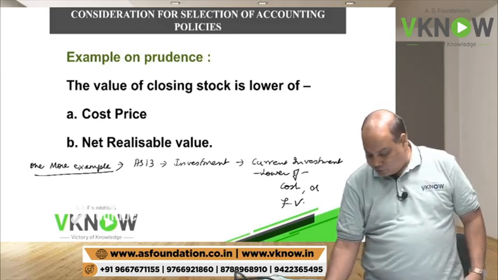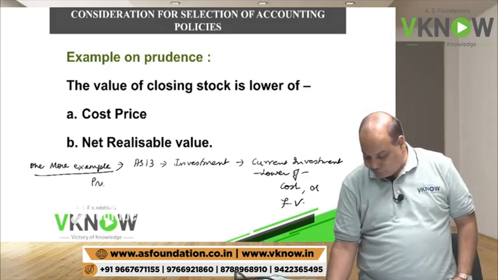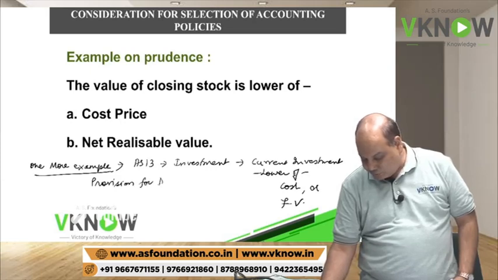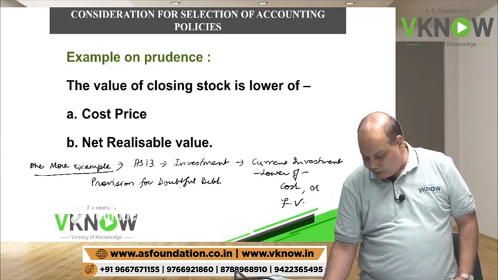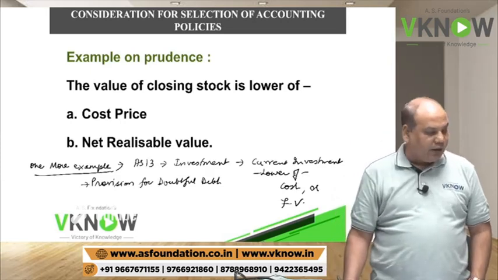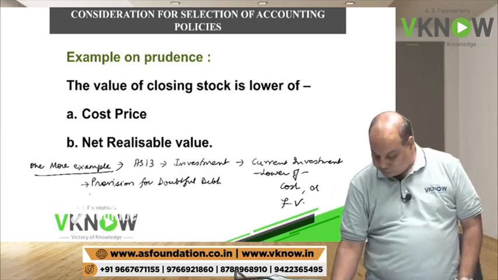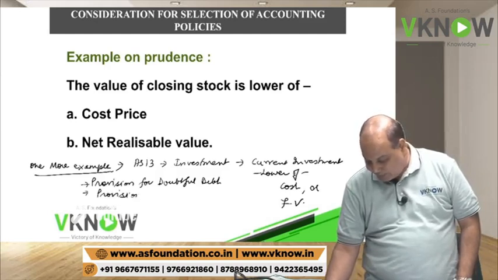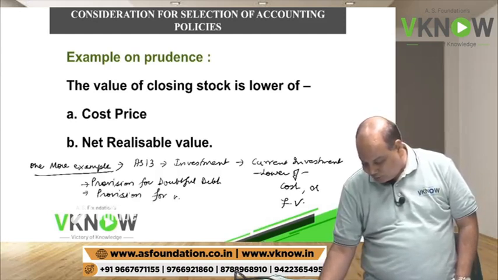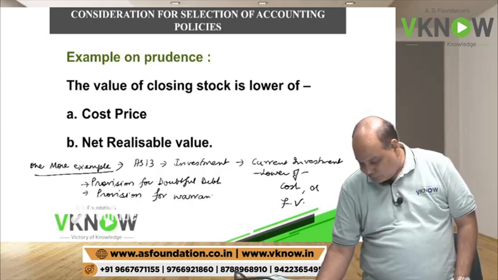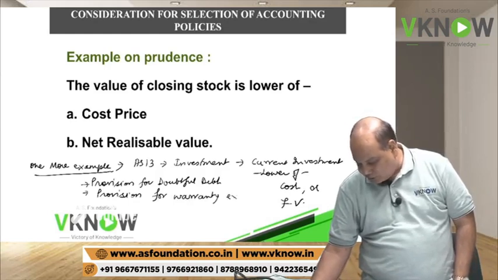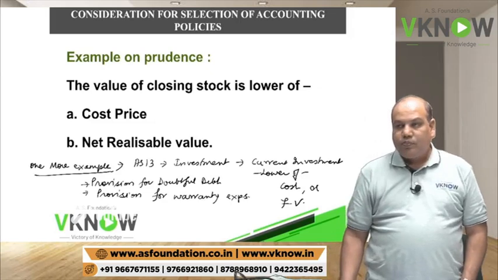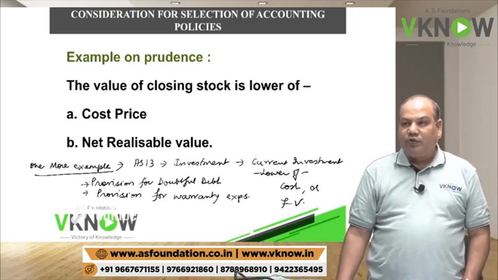Another example which students have correctly said is provision for doubtful debts. We are providing for doubtful debts because we are anticipating that the debtor may not pay. Then provision for warranty expense.